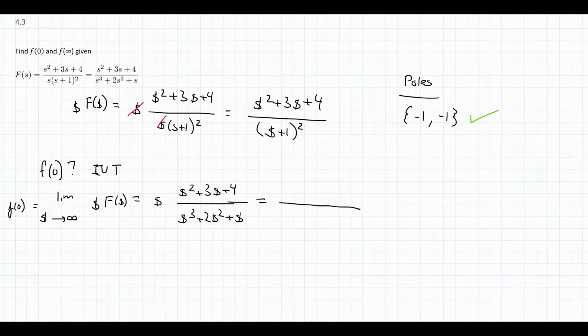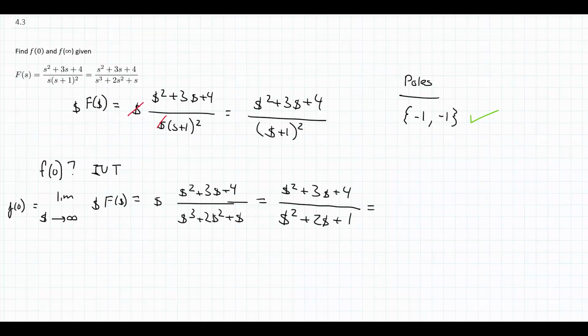So I'm actually going to cancel things in the denominator. So really what this is going to do is lower the degree of every s term in the denominator. So s squared plus 3s plus 4 over s squared plus 2s plus 1 is one way I can write this. Again, it would have been fine also if I just put that s in the numerator. I'm going to get the same result either way.